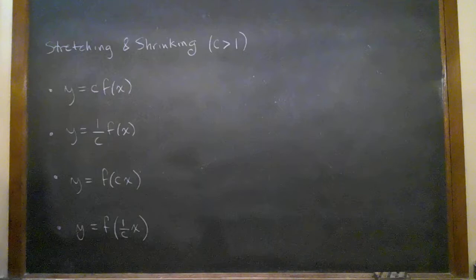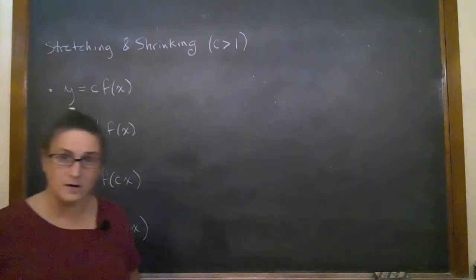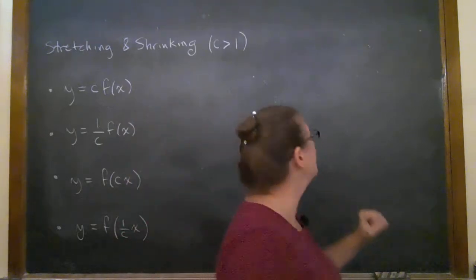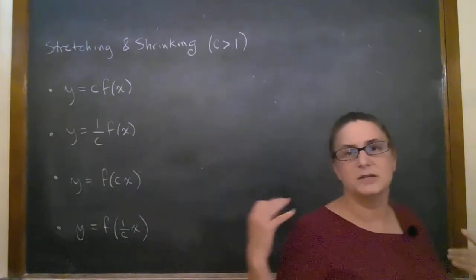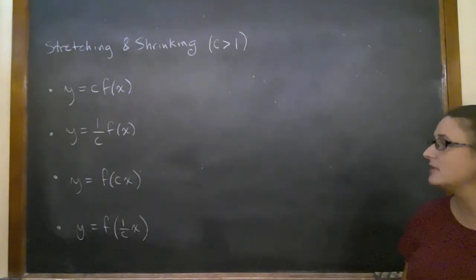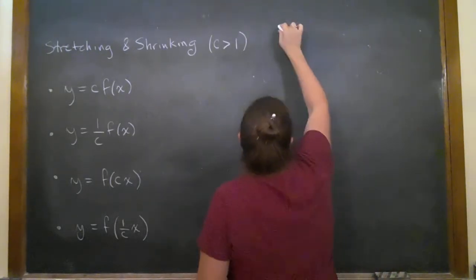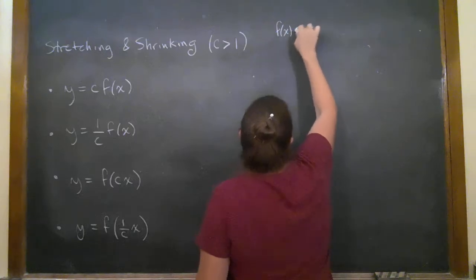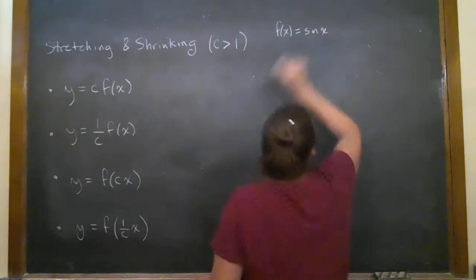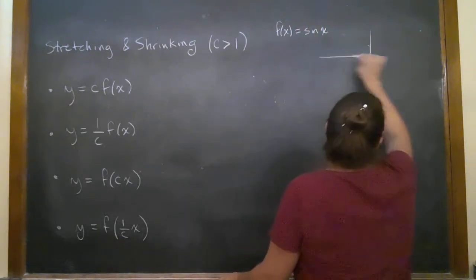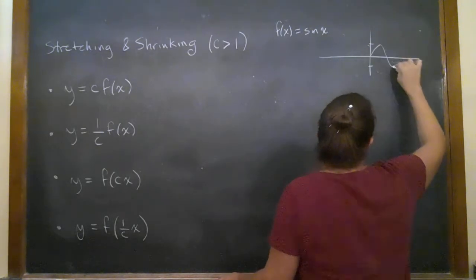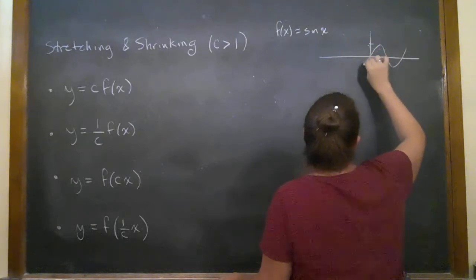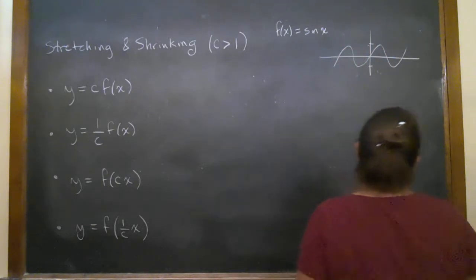Really this is only two things. You don't have to think about multiply and divide as different, but just whether you're using something bigger than 1 or less than 1. But it might be easier just to remember it like this. For my parent function I take f of x equals sine x, which is a good one for the purposes here, because we know it's bounded between -1 and 1.